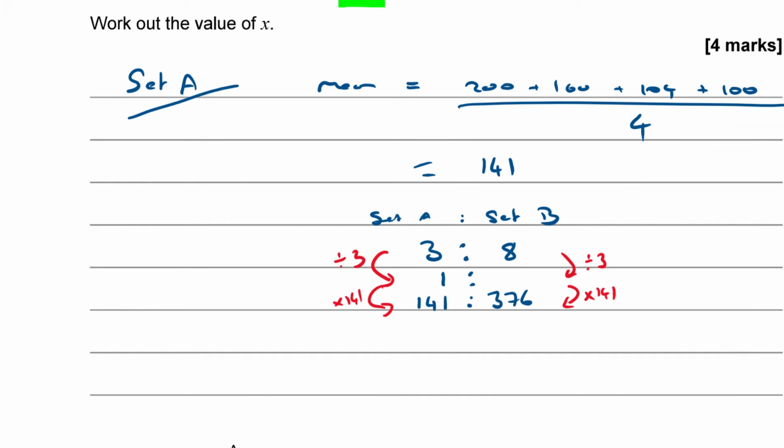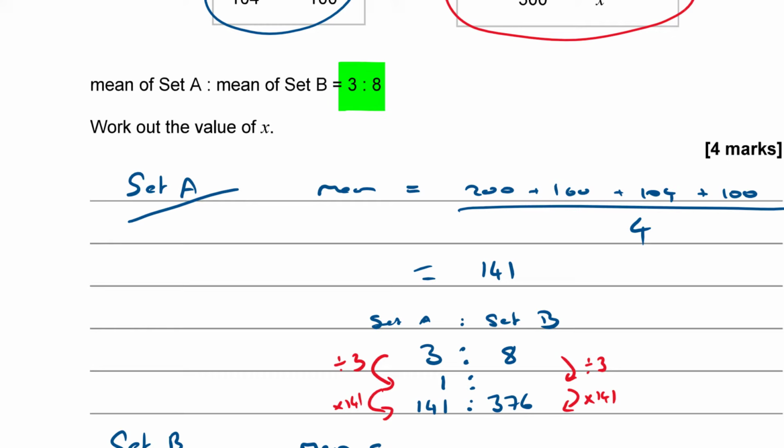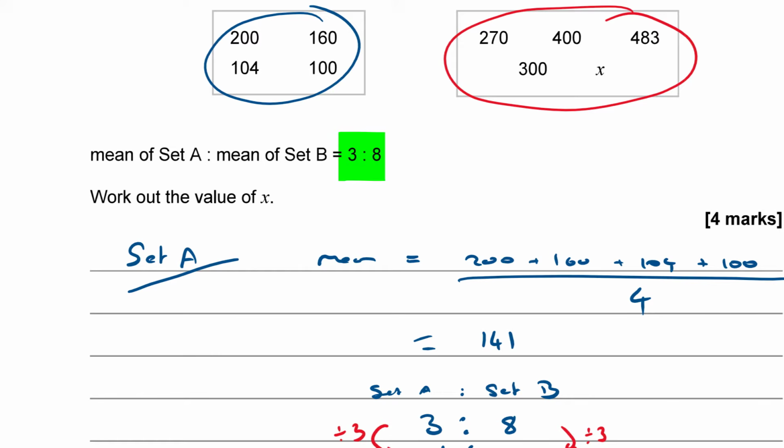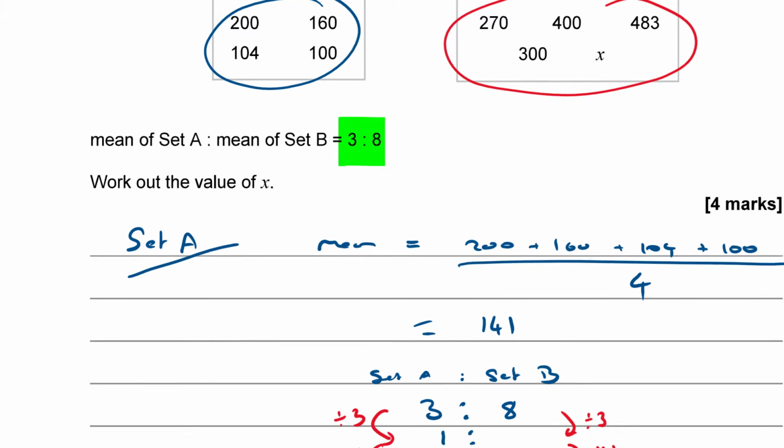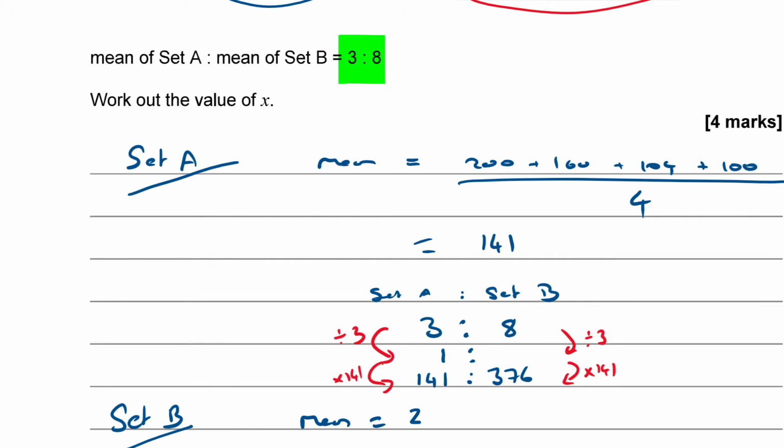So let's have a think now about set B. To find the mean of a number, we take all the values, we add them up, and we divide by how many we've got. So we've got 5 values now: 270, 400, 480, 300, and x. So let's add those up. So 270 plus 400 plus 483 plus 300 plus x.